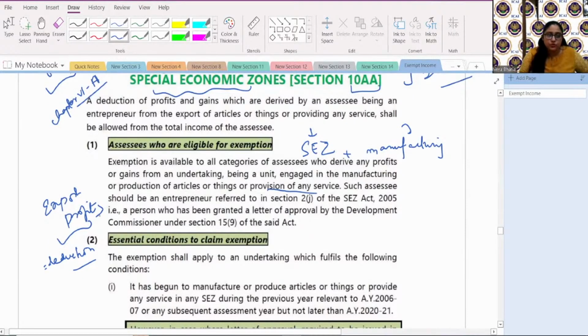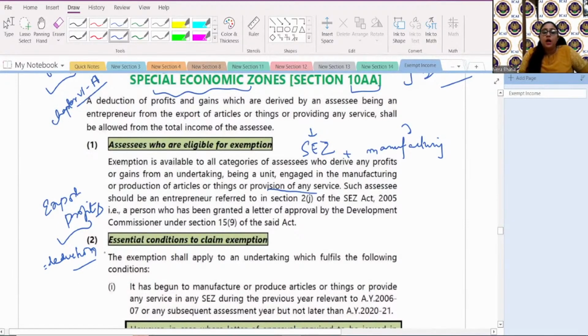Which are the export profits? Profits which are coming from export business, export of the manufactured articles, export of the provision of services. Whatever profits you're having from that would be given as a deduction under Section 10AA. That means first you will calculate it as your income and then you will reduce it from your total income.